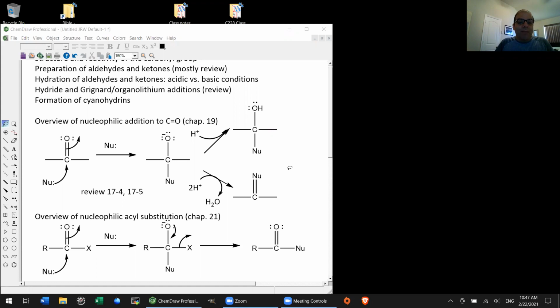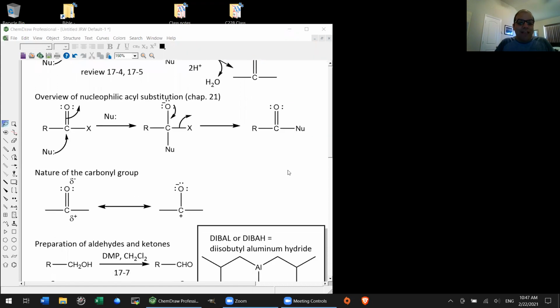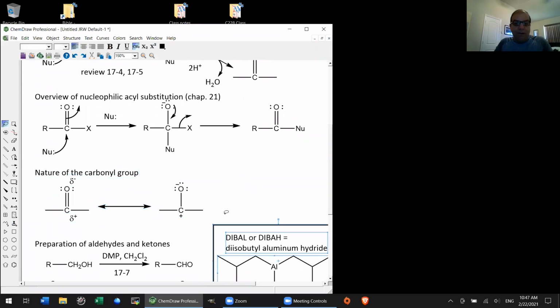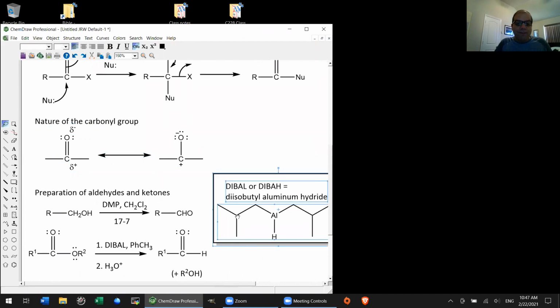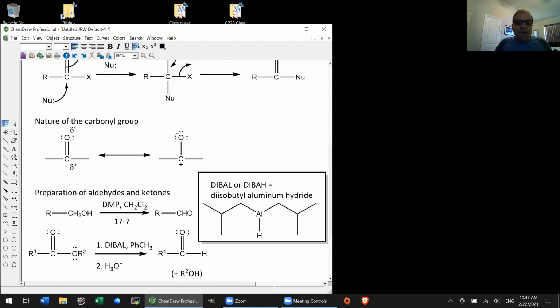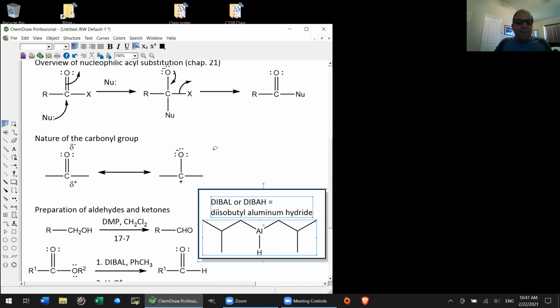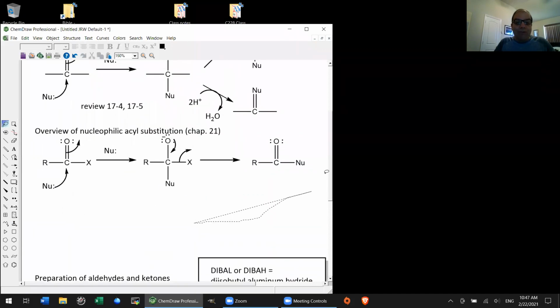But one thing, actually, I'm going to cheat and move down here because I think this almost should go before anything else. So actually, let me just edit this because we need some sort of theoretical backing, and we can do that very quickly, very briefly, as to why carbonyl groups do what they do.